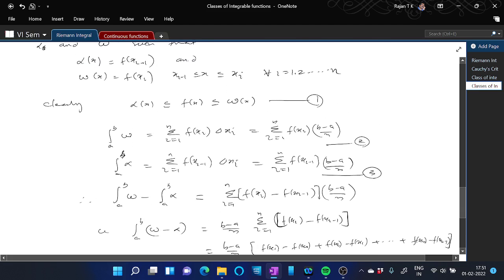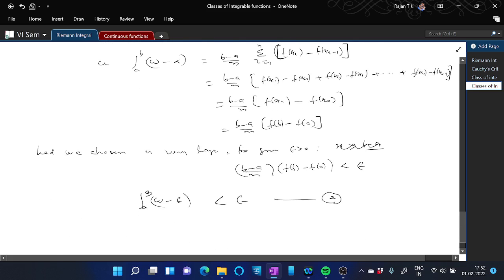The second property that we have to satisfy for alpha and omega, that will be 4.